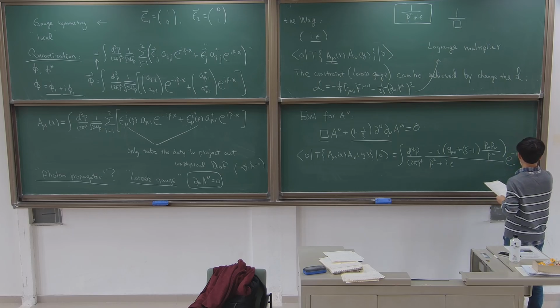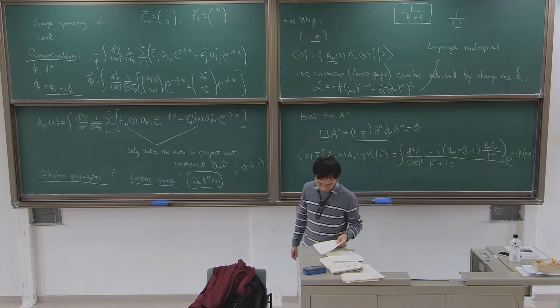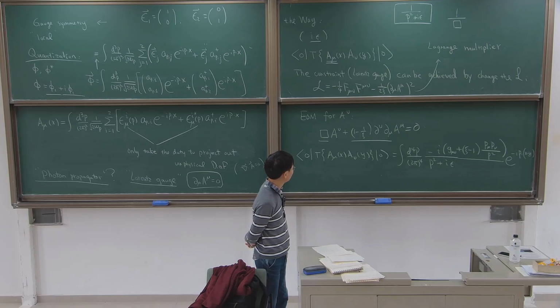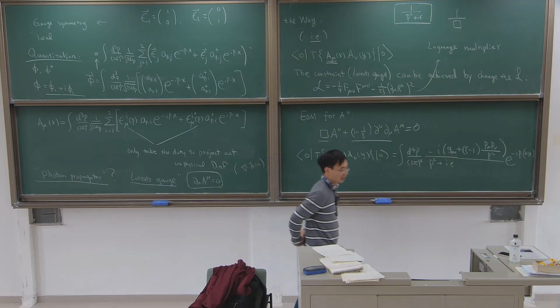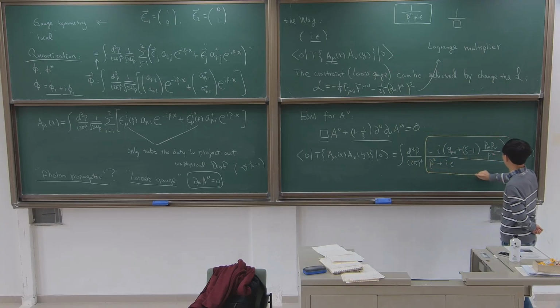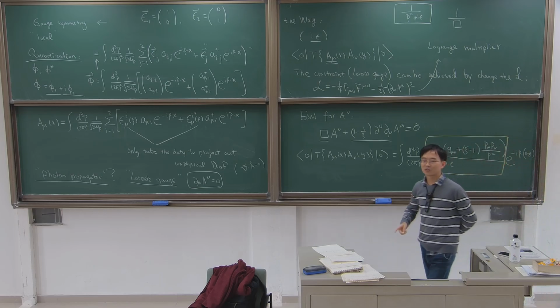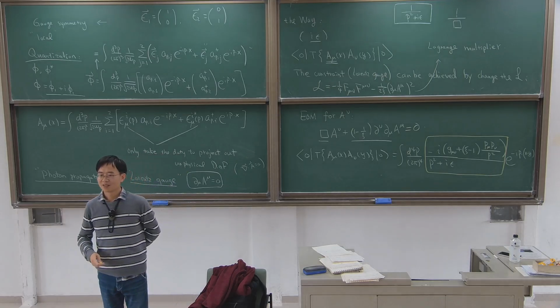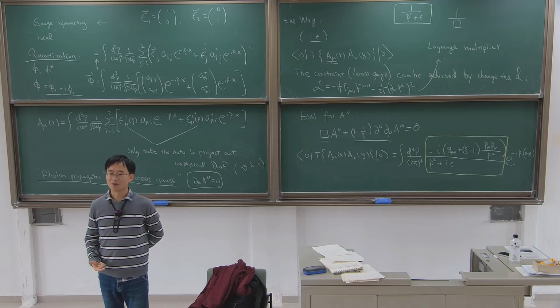And the remaining part will be the same as in the scalar field case. You can think of this as just a Fourier expansion of the photon time-ordered propagator. Now, from this result, we need to realize that this is nothing but what we want. So this part has to appear in the Feynman rules. For instance, if you are given some Feynman diagram that includes a photon propagator, this part is important to write down.